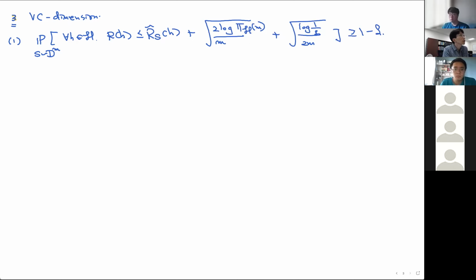sometimes the quantity that we have is good, but this growth function is not so ideal. Why is that the case? The growth function depends on m, but sometimes when we talk about the complexity of H, we want to come up with some concept that doesn't refer to m at all. For instance, I showed you the picture.